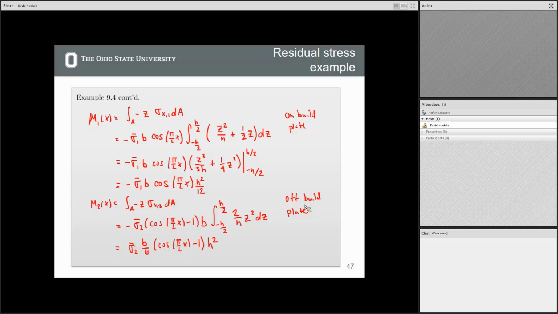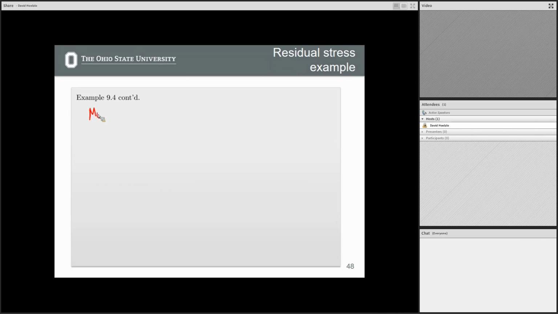So moment provided by build plate would be m1 of x minus m2 of x, right? This is essentially what the build plate is putting on this beam to keep it in the highest stress configuration to keep it from being deformed, right?